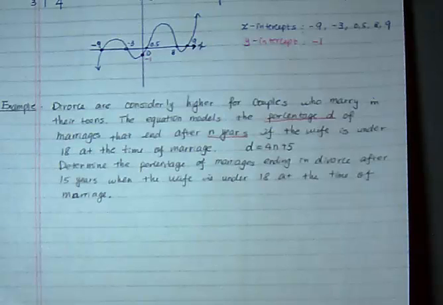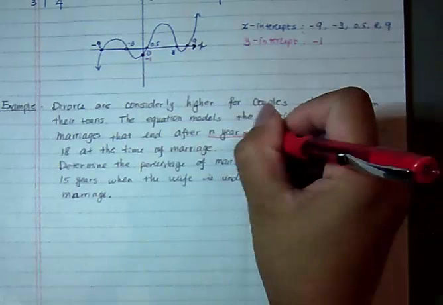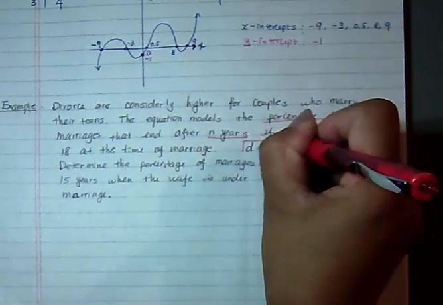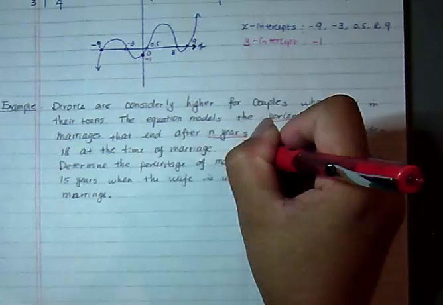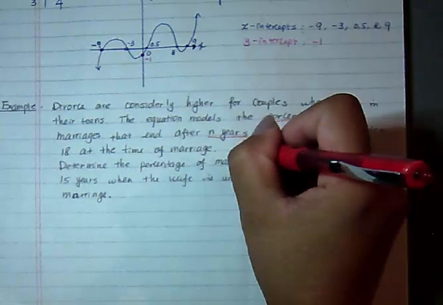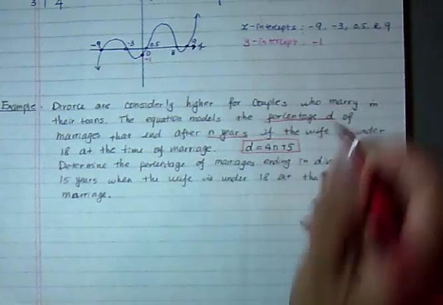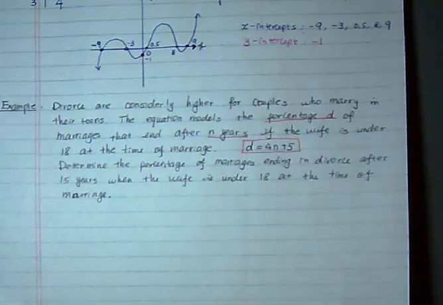Okay, let's take a look at what is given. Again, the given is an equation modeling the percentage, which is D, of marriages ending in n years. N is the years of marriage if the condition is the wife is under 18 at the time of marriage.